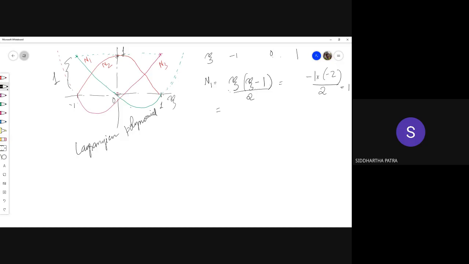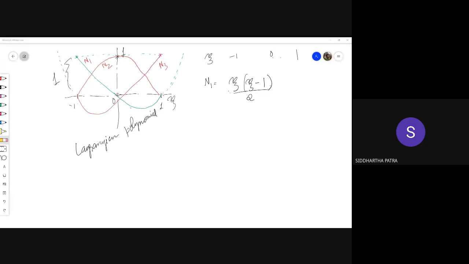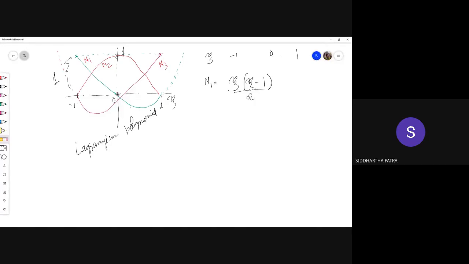So this is how you can get the first shape function. Do you understand the logic here? Yes, sir. Okay. So can you derive the expression for the other two shape functions?